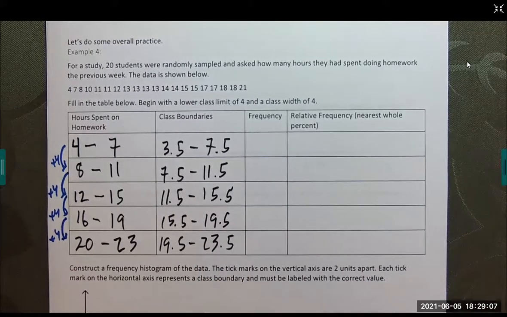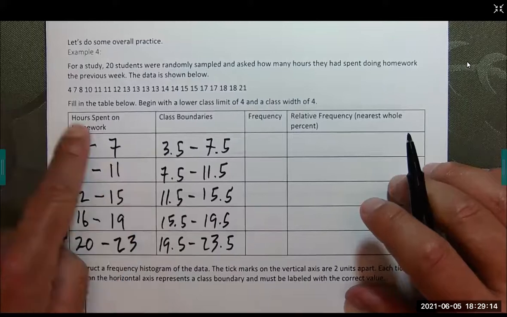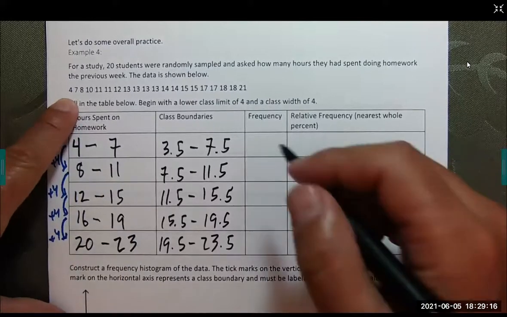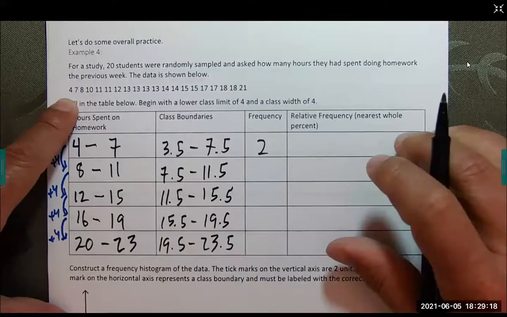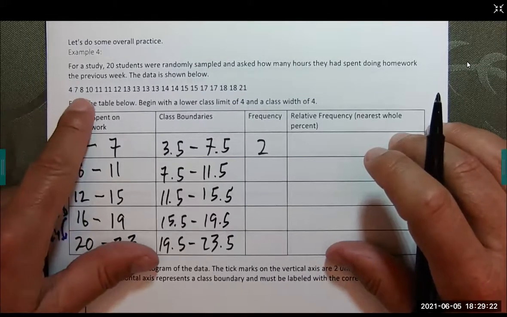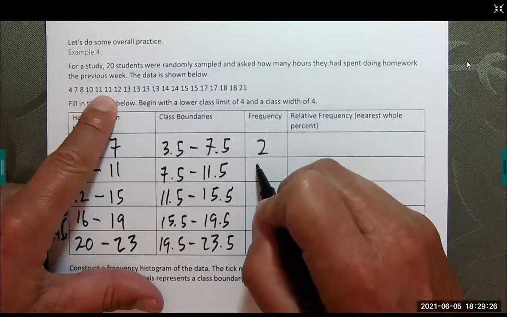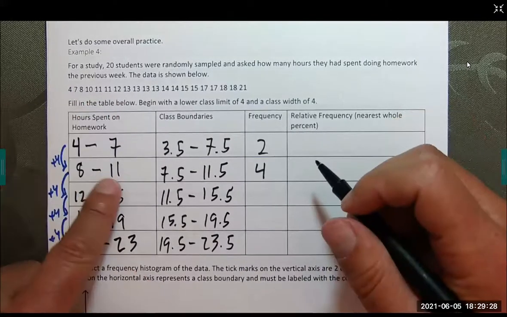All right, so now we're going to look back up at our data, and how much data is between 4 and 7? Well, 2 values. How much data is between 8 and 11? 1, 2, 3, 4. We include the outermost boundaries here.